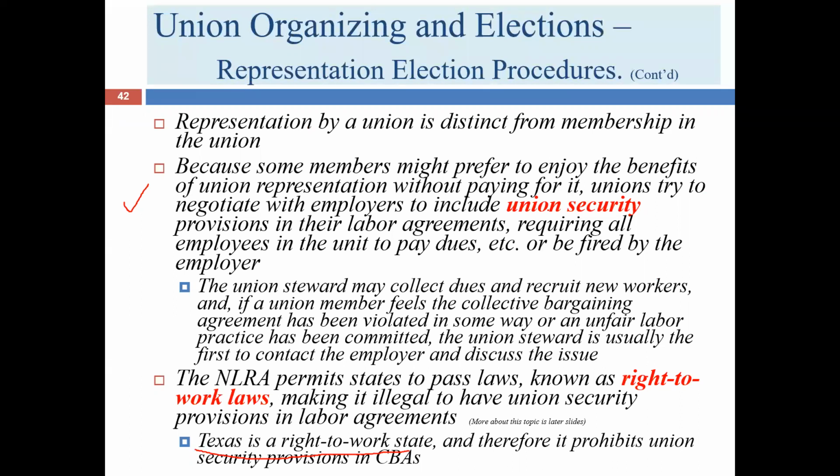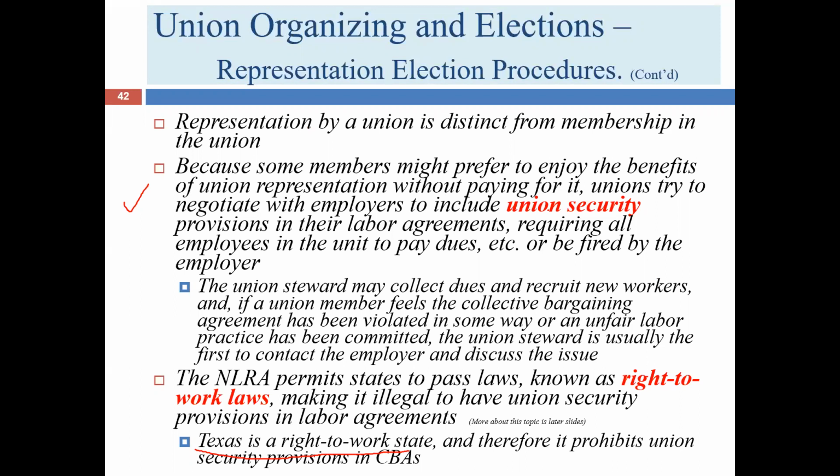Well, at that time, the collective bargaining agreement is in force, and the union security clause kicks in, and that requires that everyone who is in the bargaining unit has to join the union and pay union dues by a certain date.